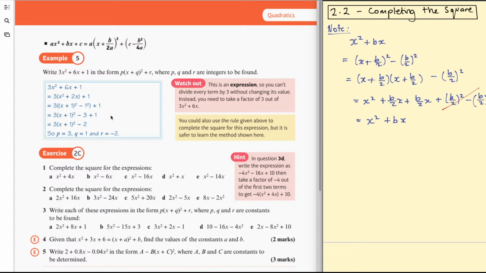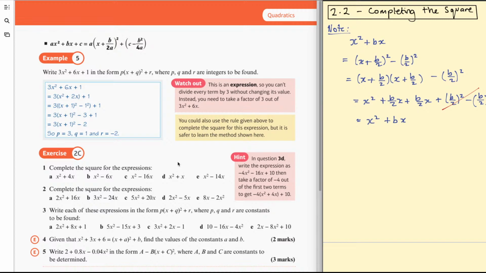Take 1 squared. And then simplify. So you end up with 3 times x plus 1 all squared take 2. Okay, so this is an expression. Oh yeah, because it is an expression, you cannot divide everything by 3.